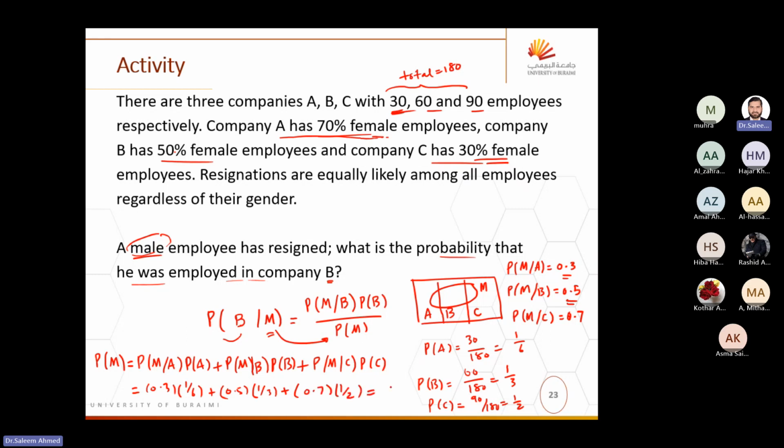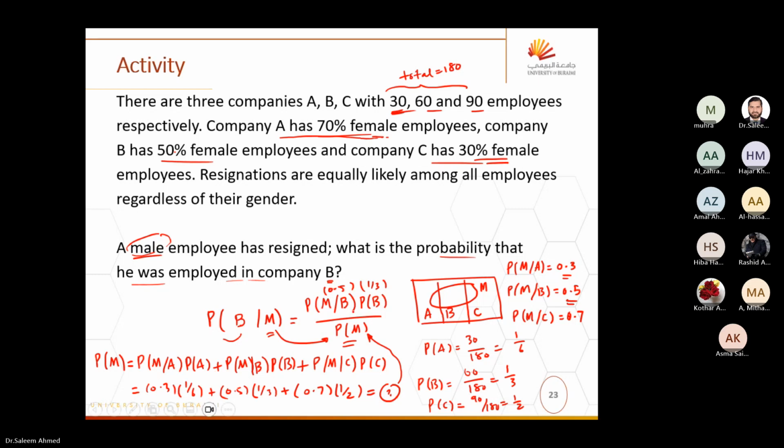So you can calculate that, and after calculating this, you can put it here. And M given B is 0.5 into B is 1 by 3. So you got this at the top, and the denominator comes from here. But if you want to write this complete formula within here, you can do that.